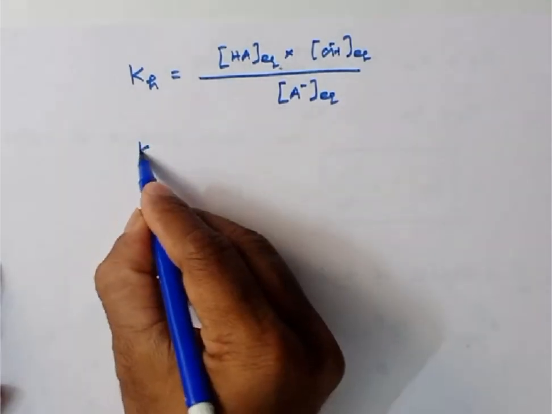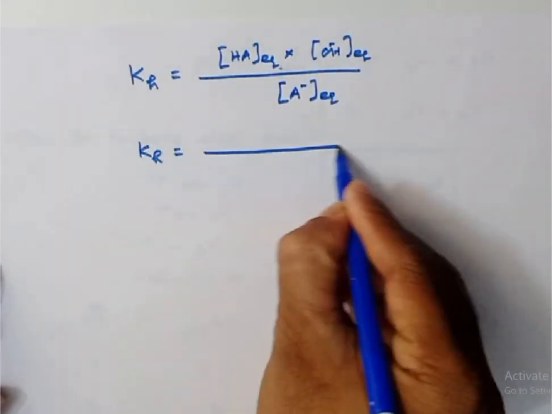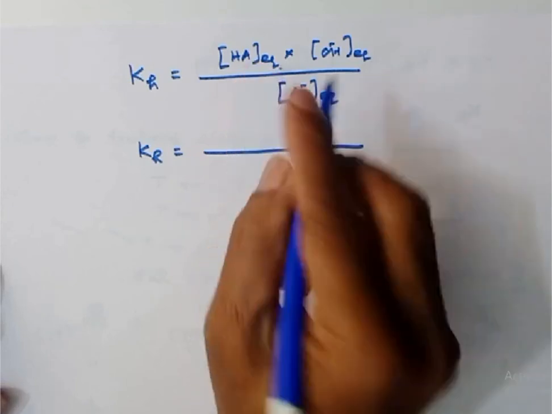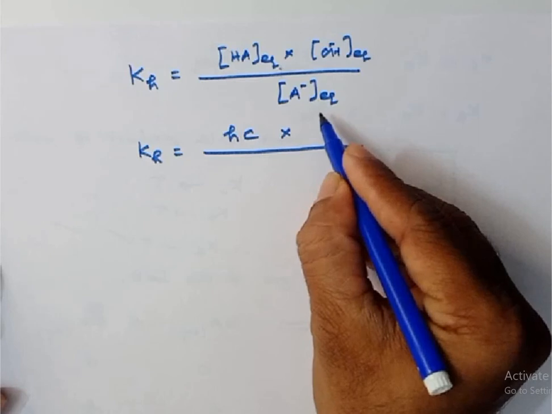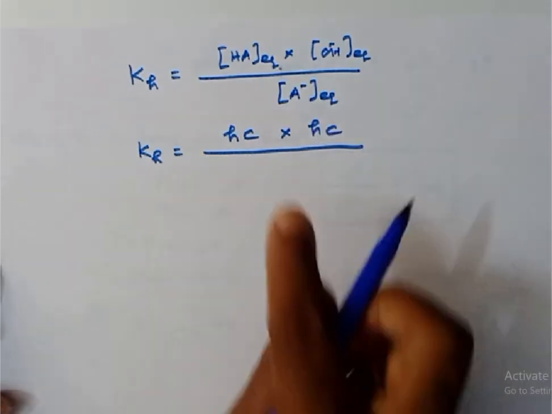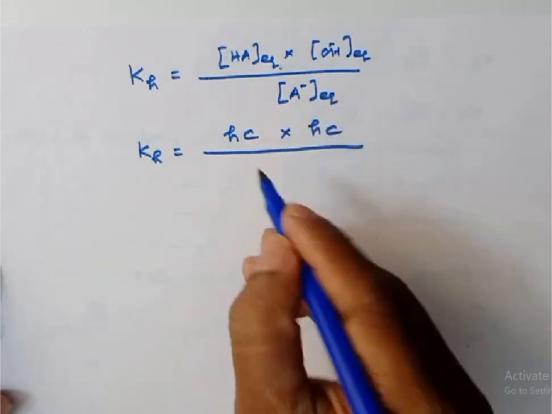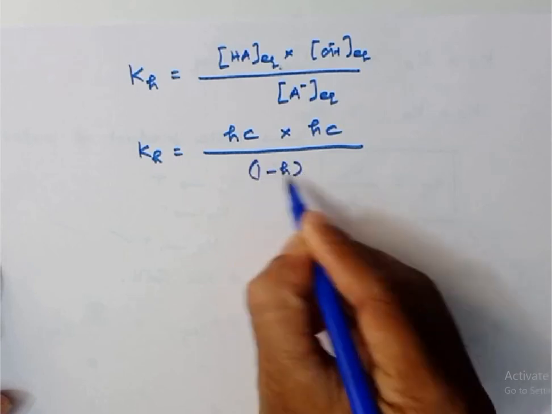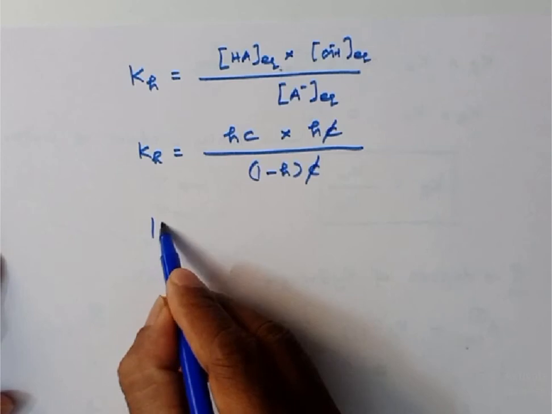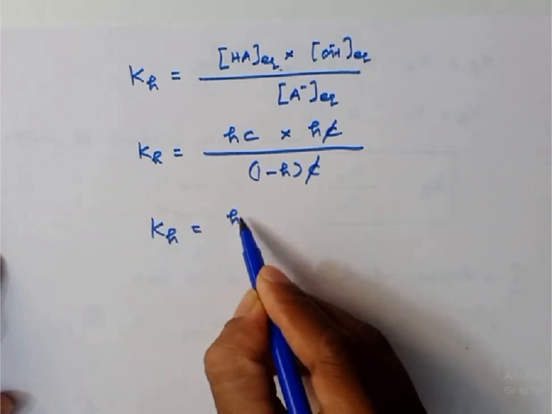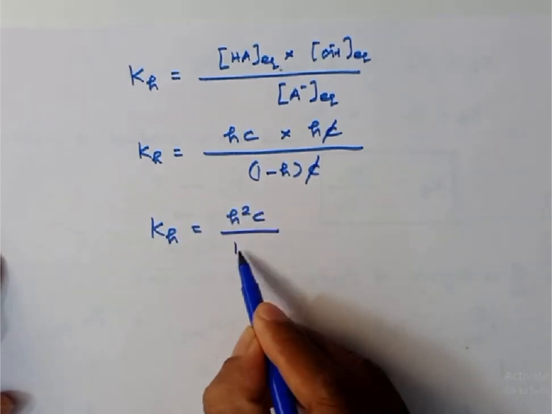What is the equilibrium concentration of acid? H into C. Of the hydroxide ion? H into C. And of the A minus ion? 1 minus H into C. If I cancel this C and C, we get KH is equal to H square C by 1 minus H.